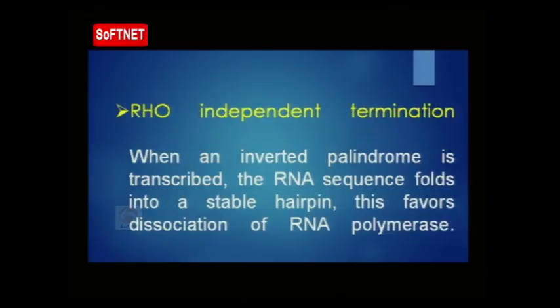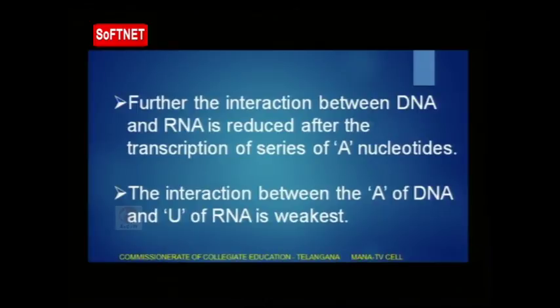So how does the Rho independent termination occur? Here an inverted palindrome sequence will be transcribed into the RNA molecule. Because of this inverted palindrome sequence, that sequence results in the formation of a hairpin loop structure or a stem loop structure. Because of the formation of the hairpin loop structure, the stability of the RNA polymerase is decreased, and that's why the RNA polymerase will dissociate from the DNA molecule.